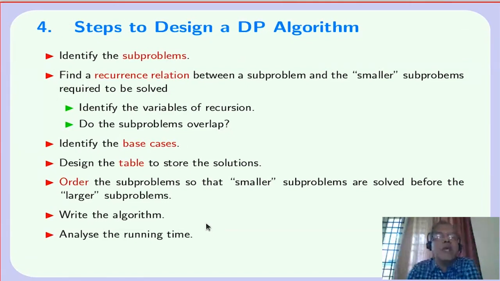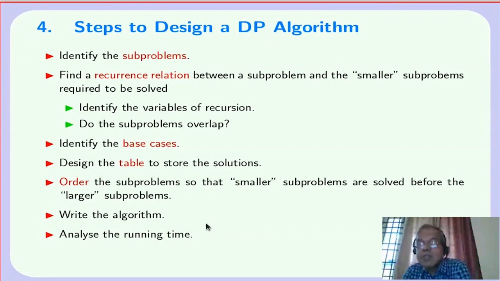Steps to design a DP algorithm. One, identify the subproblems. Intuitively, you should get an idea of what could be the subproblems for a given problem. It is not always straightforward.